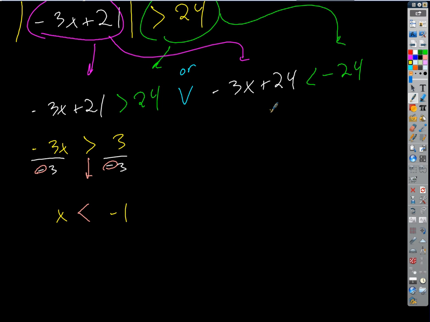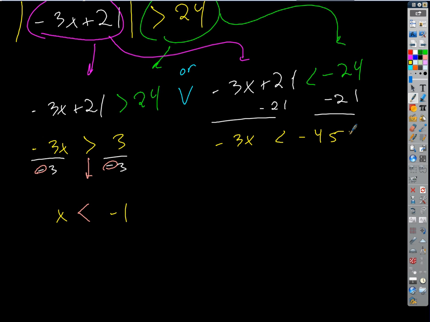Okay, how about the other side? Same kind of stuff. That's supposed to be a 21, isn't it? Yeah. So if I subtract 21, what do I get? Negative 3x is less than, what's negative 24 minus 21? Negative 45.